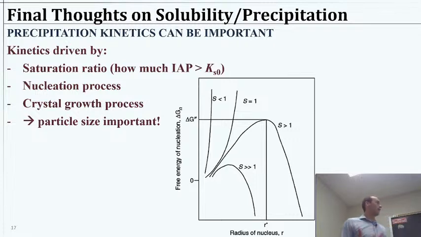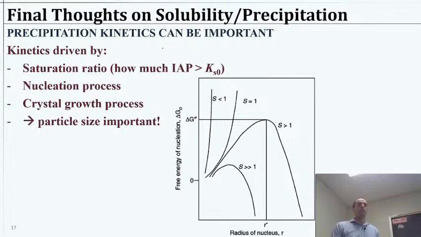Okay, I'm not going to go far enough to really dig into depth on these processes here, but I'll say a couple other things. The kinetics in general for nucleation, they're going to be driven by what we call the saturation ratio. This is how much larger our ion activity product is compared to the solubility product, or the solubility constant.